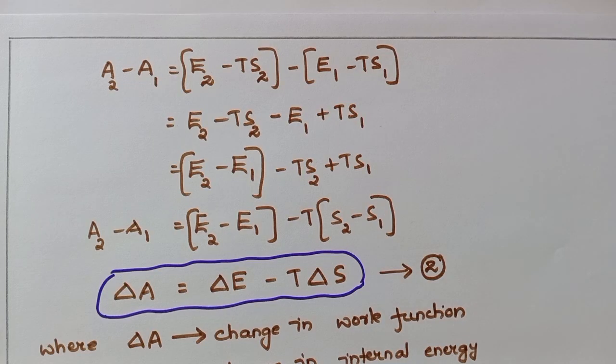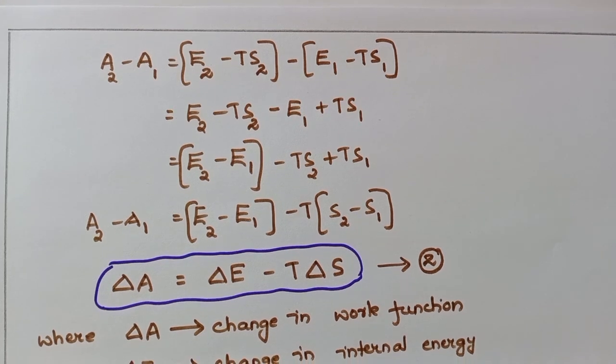So below, now remove the brackets: E2 minus TS2 minus E1. When you are opening up the brackets, minus into minus plus TS1. Now bringing the same variables together, the next step is equal to E2 minus E1, in brackets, minus TS2 plus TS1.